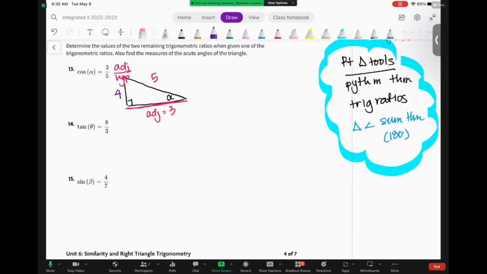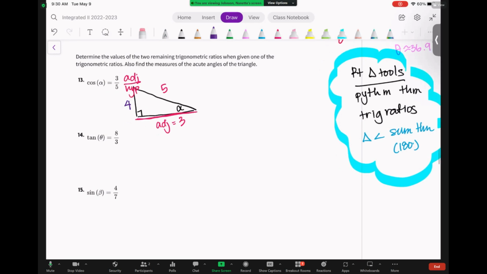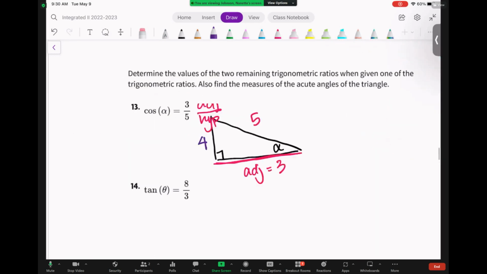Then I want to find the actual angle of alpha, because then I'm almost done solving my right triangle. Because they gave me 3 and 5, and because they gave me cosine of alpha, I'm going to use this equation and solve it. So how do you get alpha out of cosine?